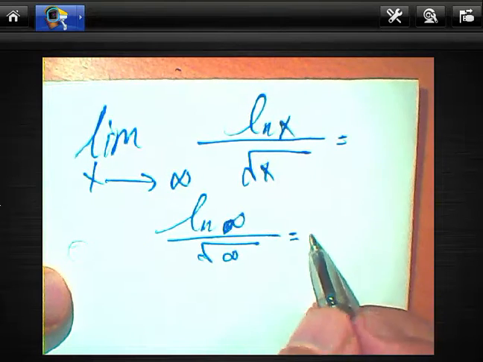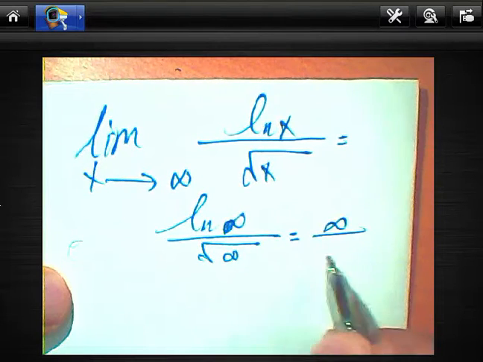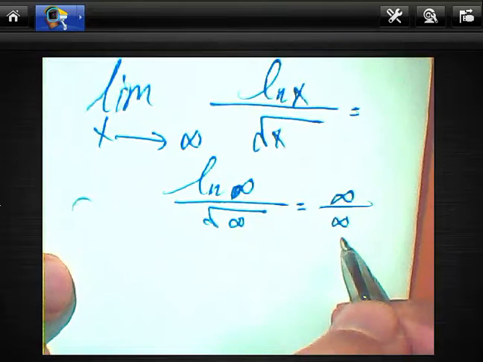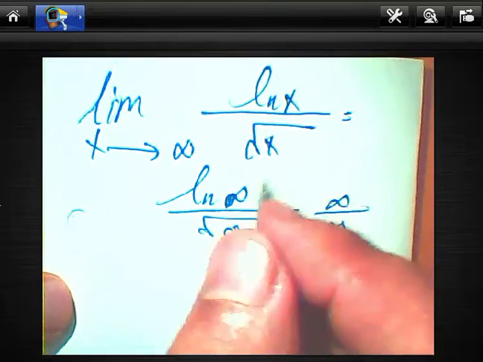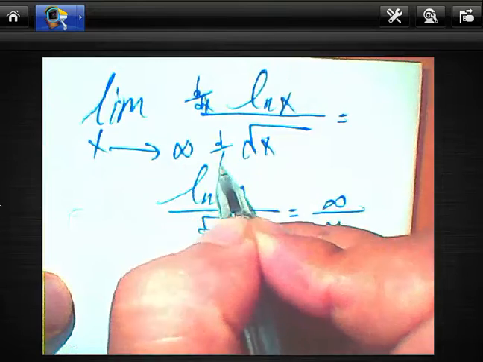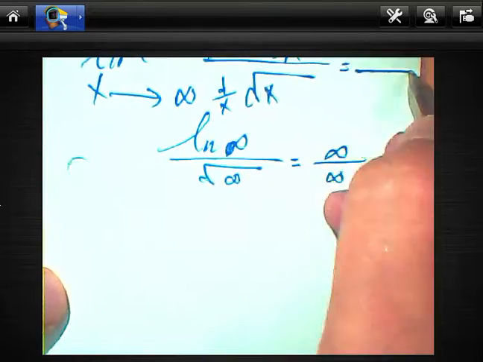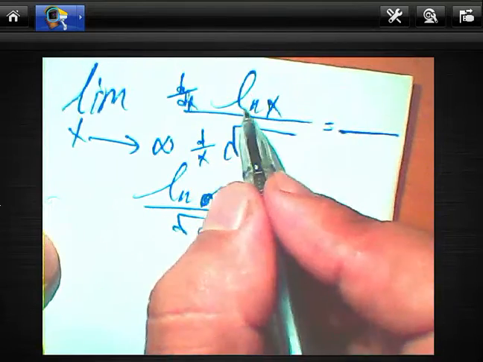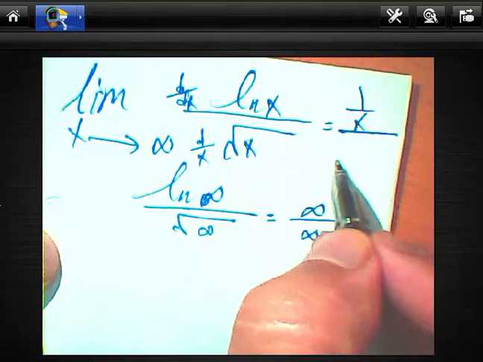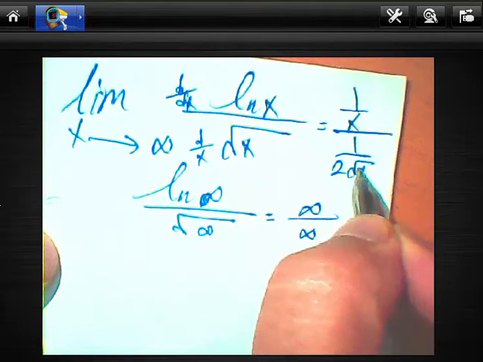We know ln infinity equals infinity and root of infinity equals infinity. So infinity over infinity is undefined, so we must find the derivative of the numerator and denominator with respect to x. The derivative of ln of x equals 1 over x, and the derivative of root of x equals 1 over 2 root of x.